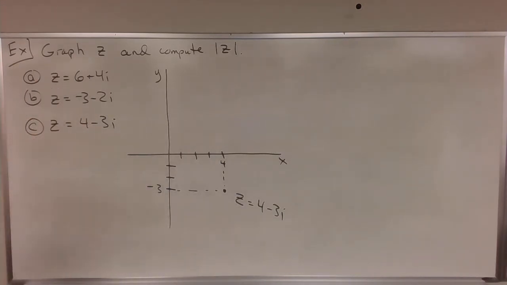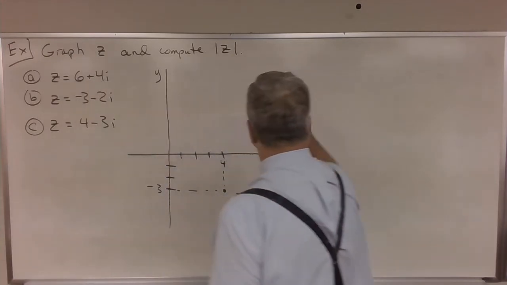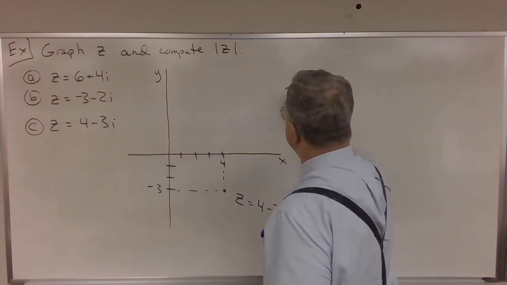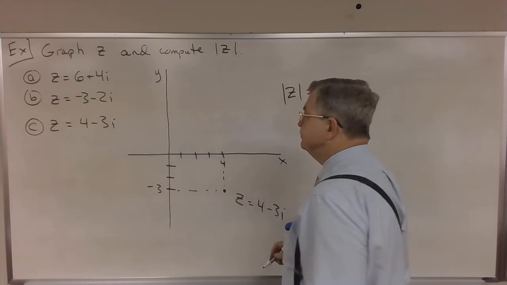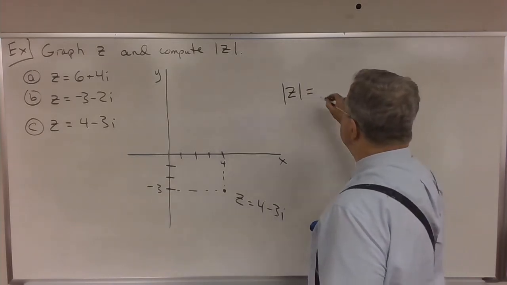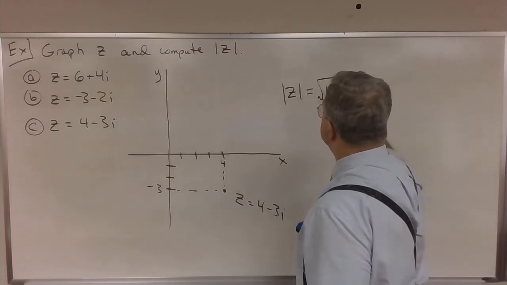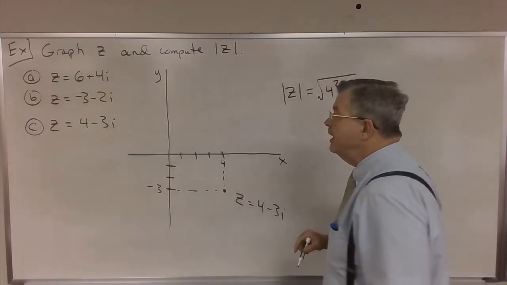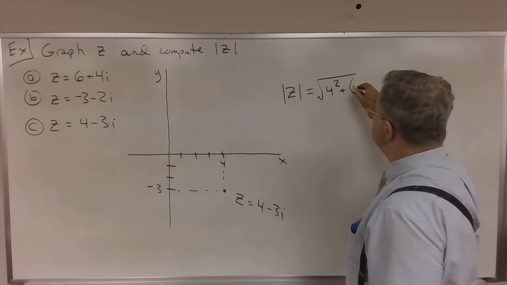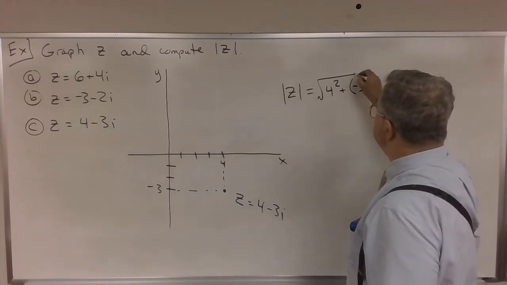And now we compute the modulus of z. And to get that, we take the real part, 4, and square it. And the imaginary part, -3, and square that.